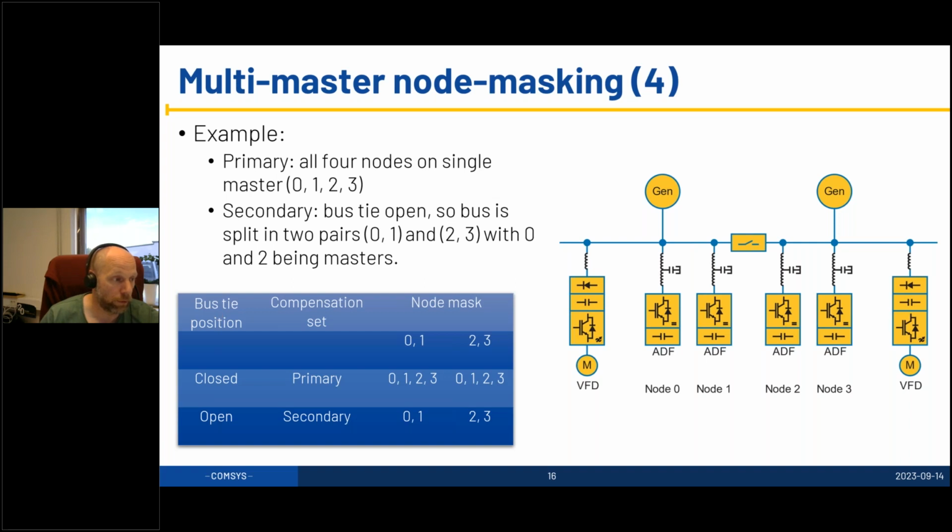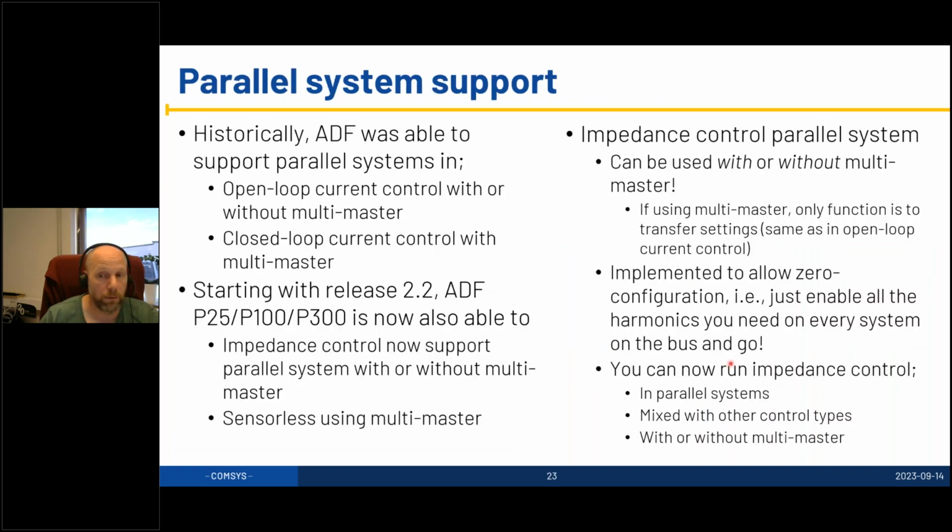With impedance control, you don't have to do that. You can simply just enable the harmonics you need on every system and just go. So this means you can run impedance control in parallel systems. You can run impedance control mixed with other control types on the same system. And you can run multi-master with impedance control, or you can run impedance control without multi-master.